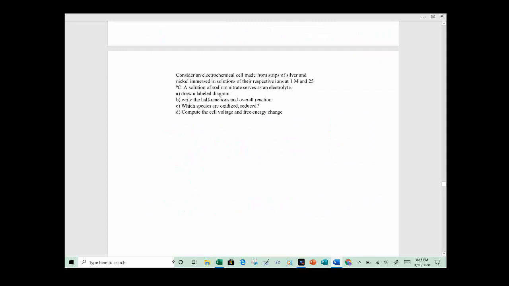A second example, an electrochemical cell made from silver and nickel. So the reduction reactions would be this, and we need to look up the cell potentials for these 2 reactions.